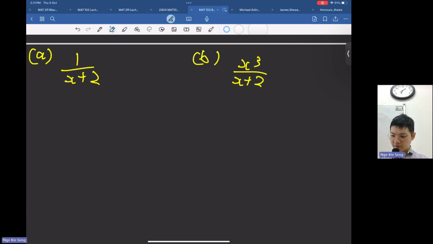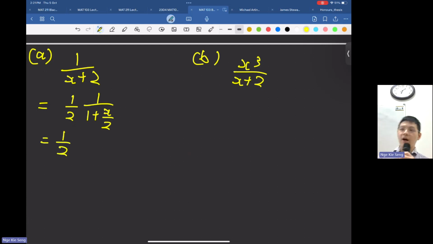So for the first one, what can I do? I can divide by 2 on the denominator, but doing that I'm pulling out the constant half. Then to relate to 1 over 1 minus x, we just introduce another minus sign.